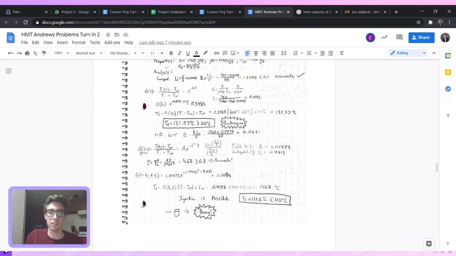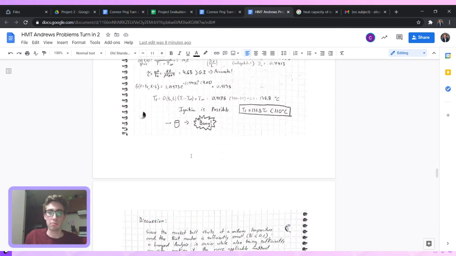Tau is found using all of its components, and since it is greater than 0.2, this method is also considered accurate. From there, the final temperature of the bullet was found, and it was found to be greater than 110 degrees again, so that barrel is going to blow up.